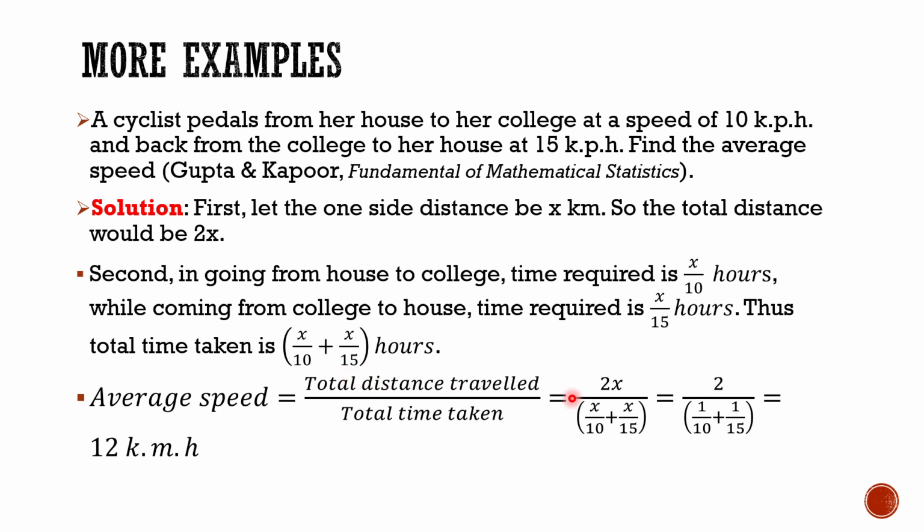Here the total distance is 2x, and the total time we have calculated for you is x by 10 plus x by 15. Here x can be cancelled out and you get 2 upon 1 by 10 plus 1 by 15, and when you calculate this sum, you actually get 12 kilometers per hour. So this is how you can calculate the averages of rates using the harmonic mean.